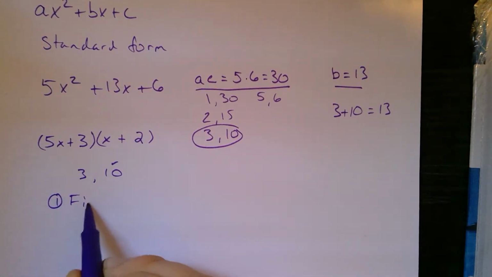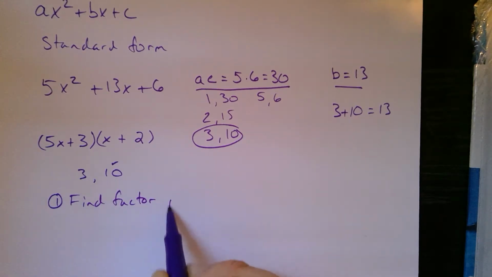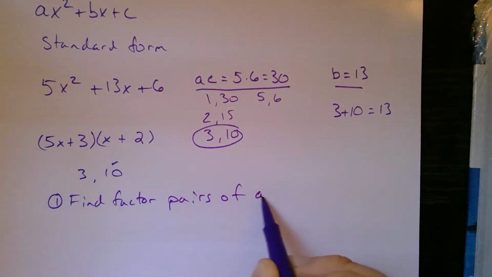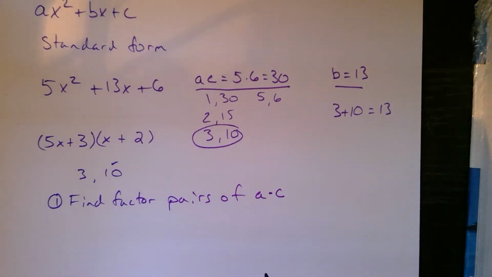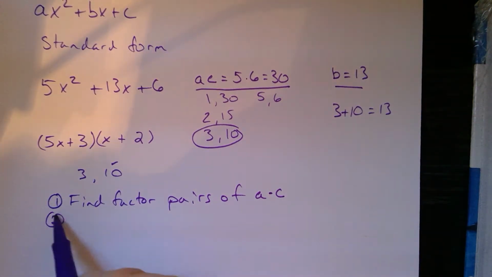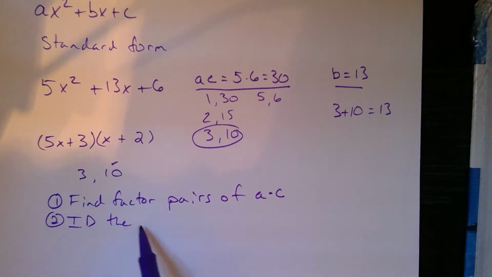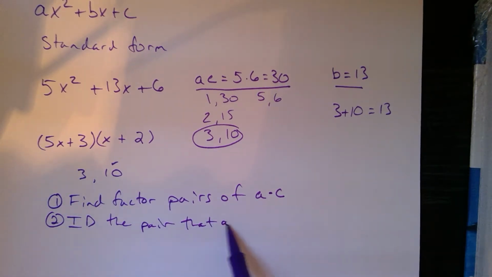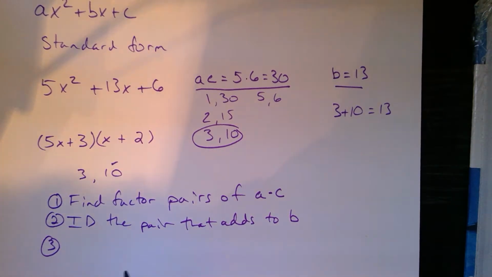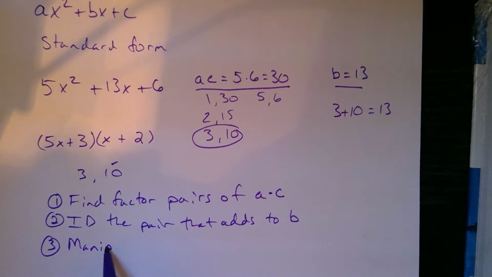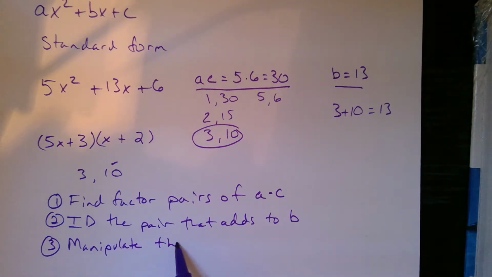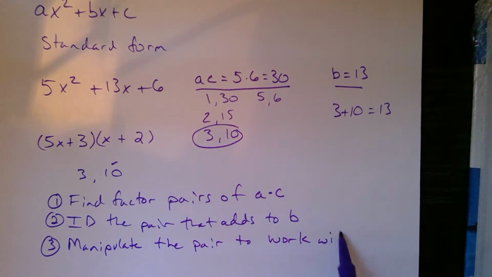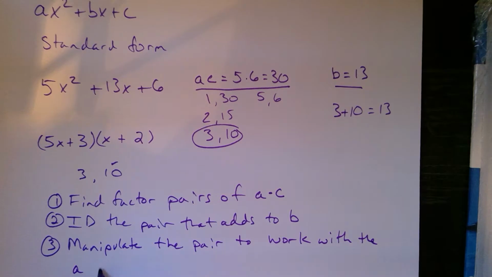One, find factor pairs of A times C, we ID the pair that adds to B, and then we have to manipulate the pair to work with the A value.